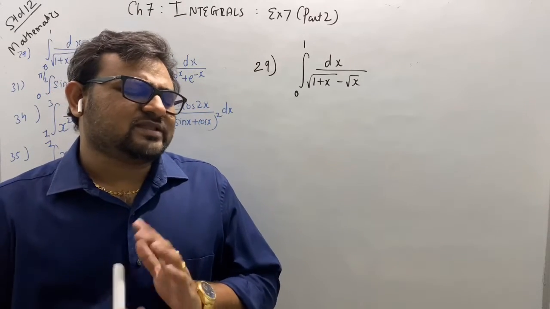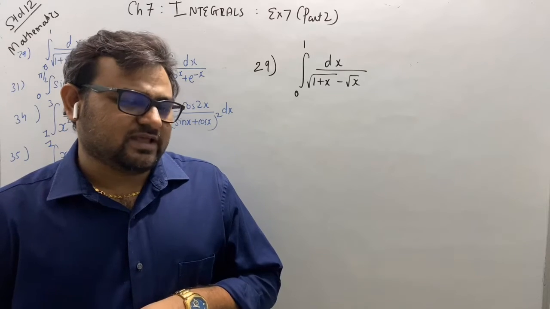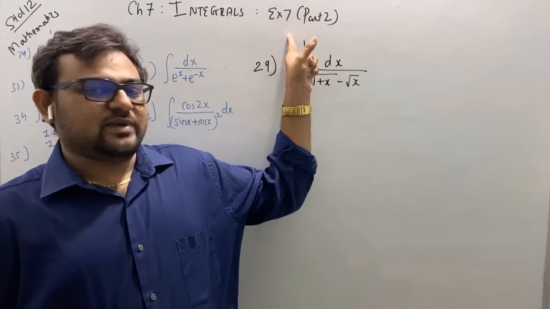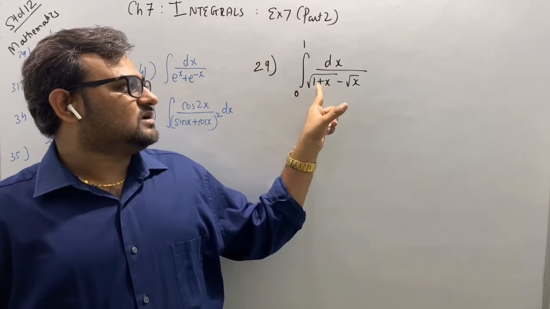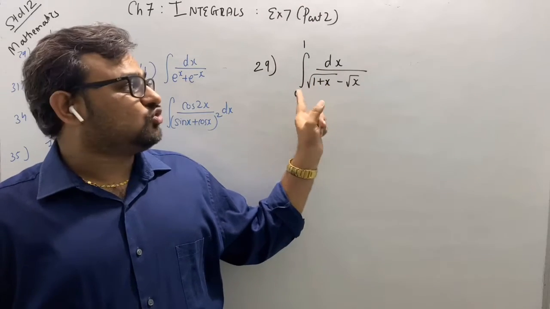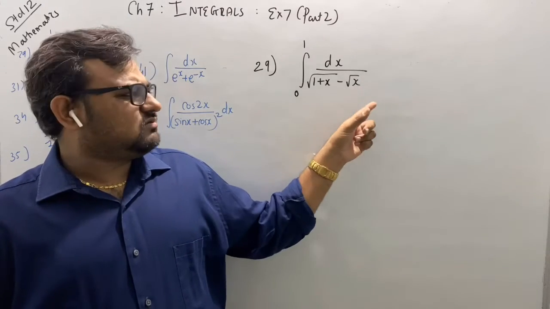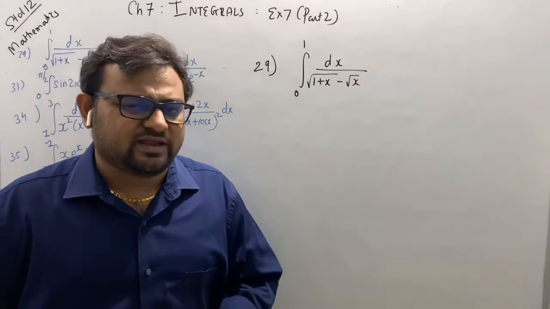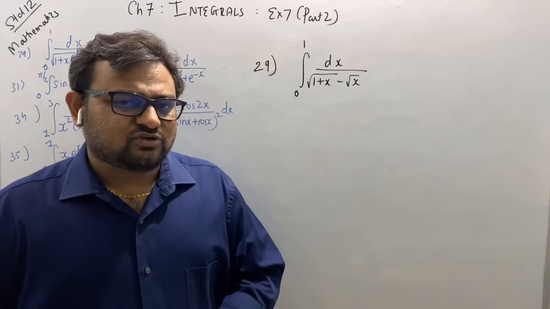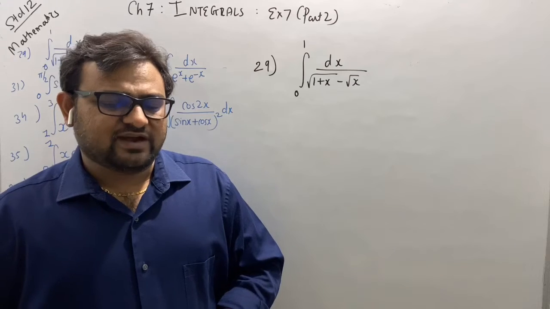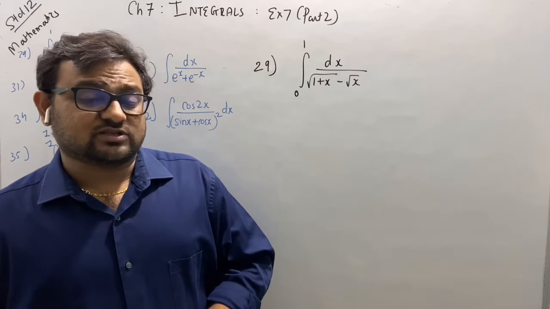So you might be thinking of using the property a plus b minus x, 0 plus 1 minus x. Then this will be 1 plus 1 minus x, so 2 minus x, and this will be 1 minus x. So you will not get the same denominator, right? So we cannot use that property here.